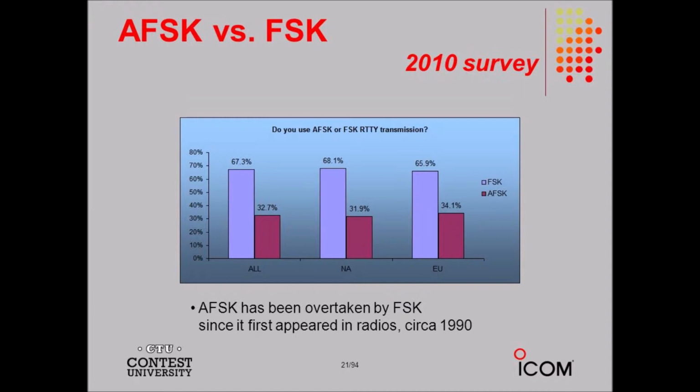The two most common codes used with FSK and AFSK are Baudot, pronounced baudo, and ASCII, pronounced ASCII. The acronym ASCII stands for American Standard Code for Information Interchange.